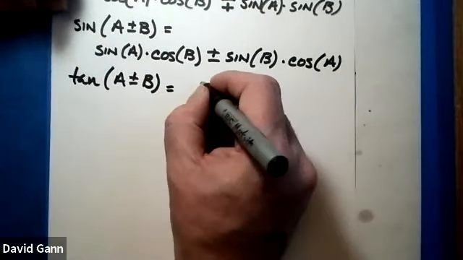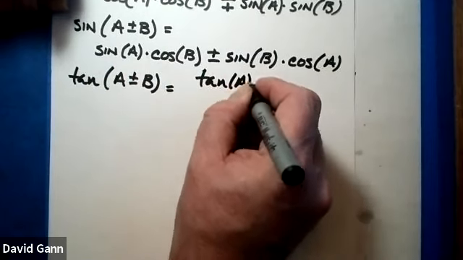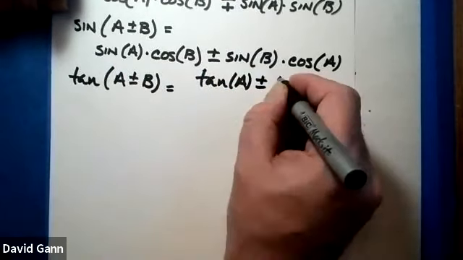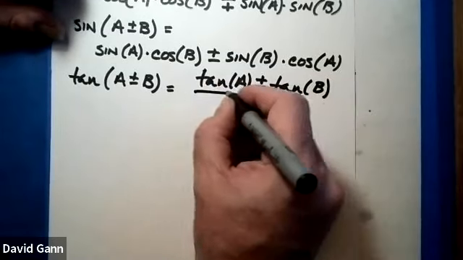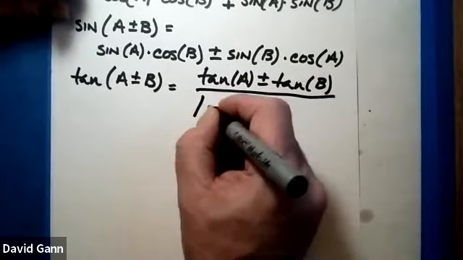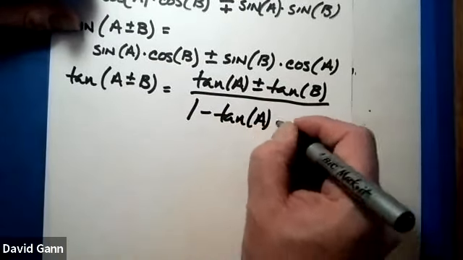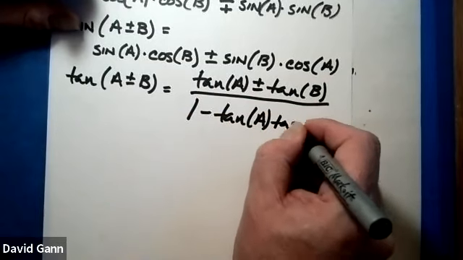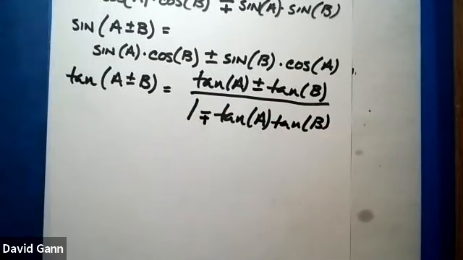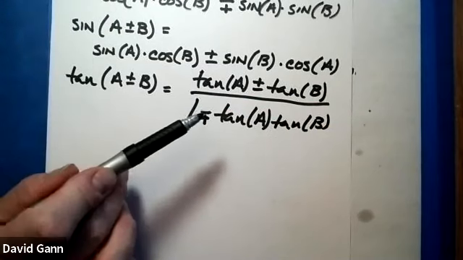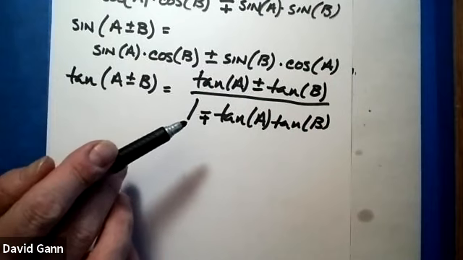This is equal to the tangent of the first angle plus or minus the tangent of the second angle, all divided by 1 minus the product of the tangent of the first angle and the tangent of the second angle, plus minus plus.